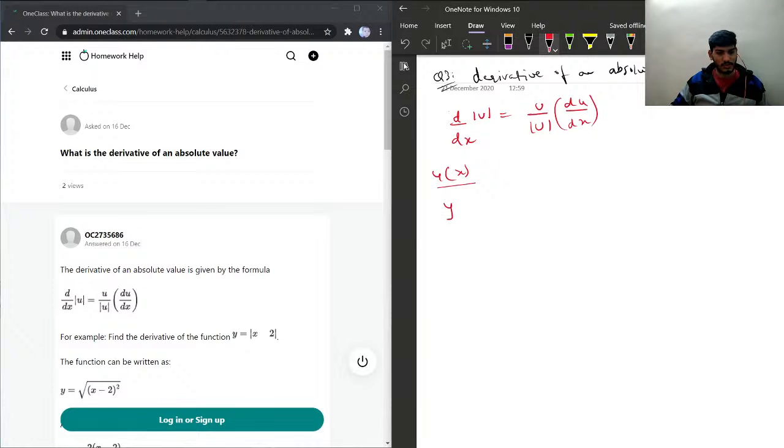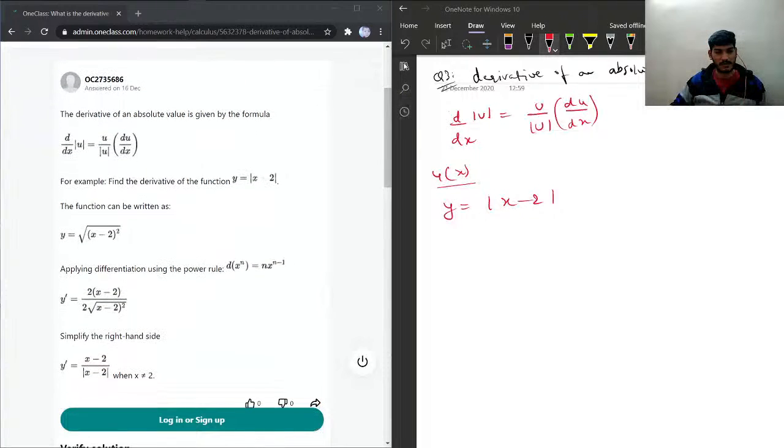So let's go with the example given by Junior Tutor. X minus 2. Okay, so here the function can be written as the root of x minus 2 whole square, and they'll use the property of derivative of x power n is n times x power n minus 1.